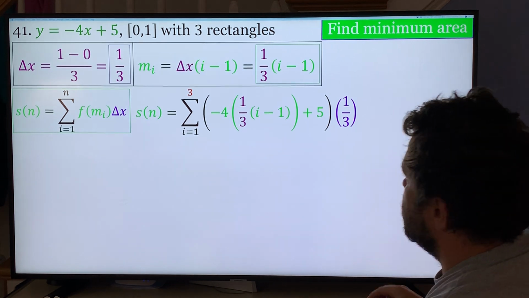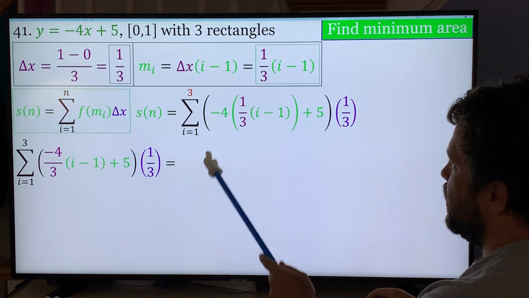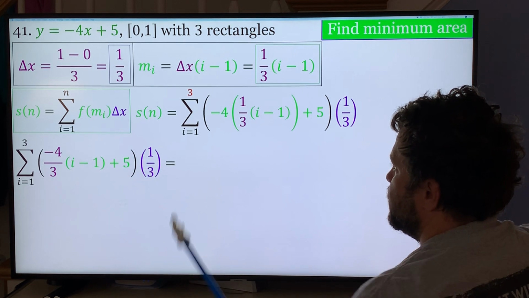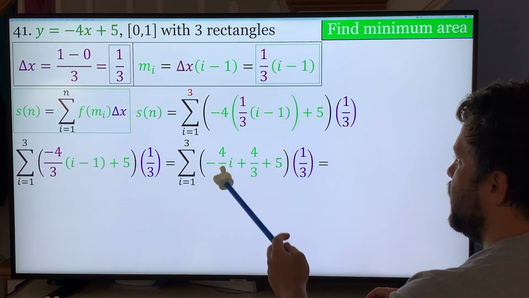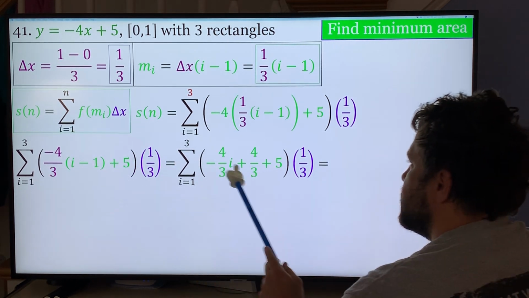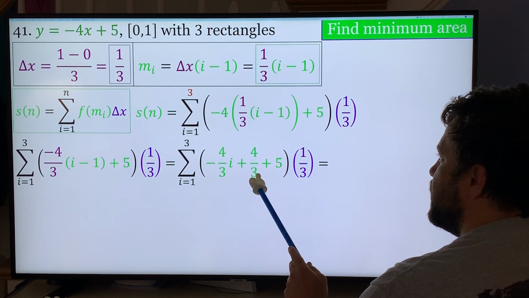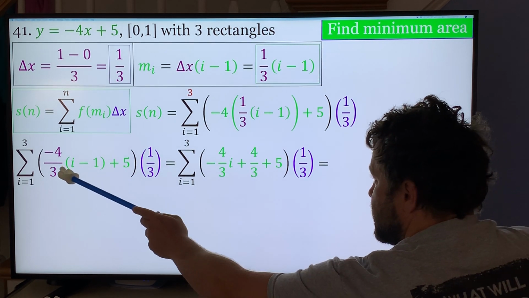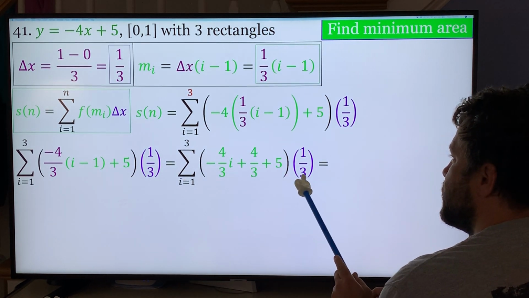Negative 4 divided by 3 is negative 4/3, times (i minus 1), plus 5, times 1/3. Now negative 4/3 i, and a minus times a minus is plus 4/3. Plus 5 stays plus 5, because you're not distributing this in there, times 1/3.